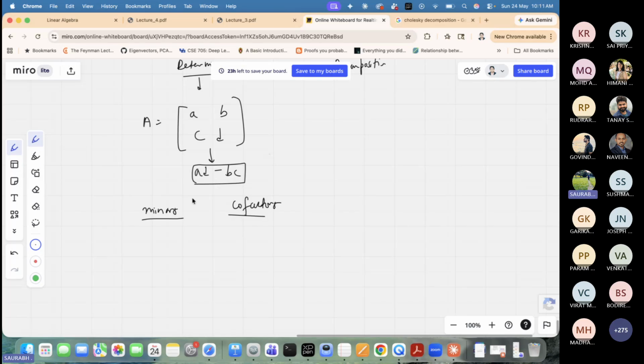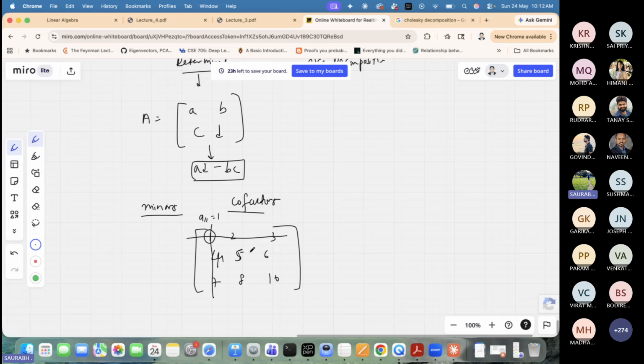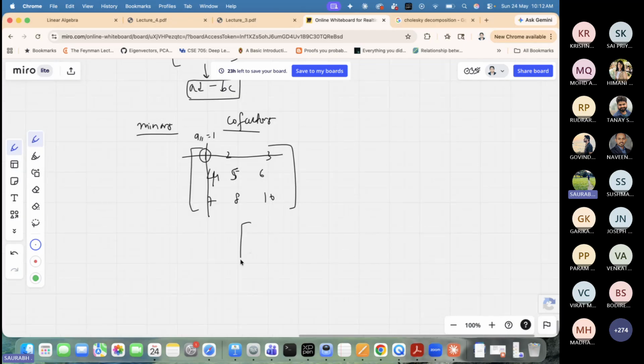Minors: let's say that we have a 3 cross 3 matrix, and let's imagine the 3 cross 3 matrix 1, 2, 3, 4, 5, 6, 7, 8, 10. Now in this matrix, if I am sitting at the element A11, which is 1 right now, and I remove the first row where that element belongs and the first column, the matrix that we get is 5, 6, 8, 10.